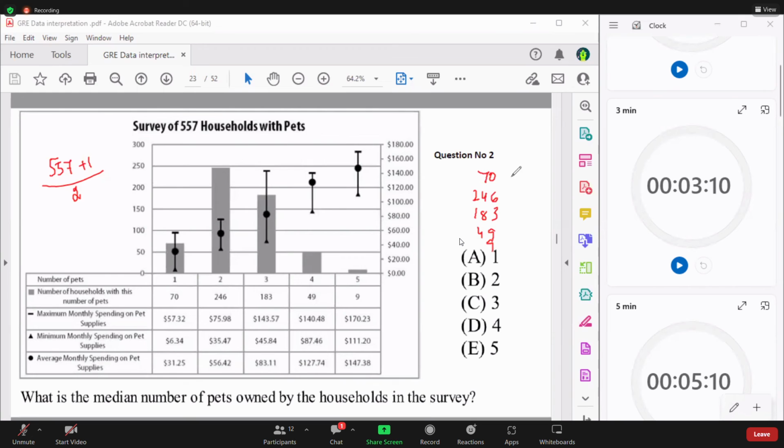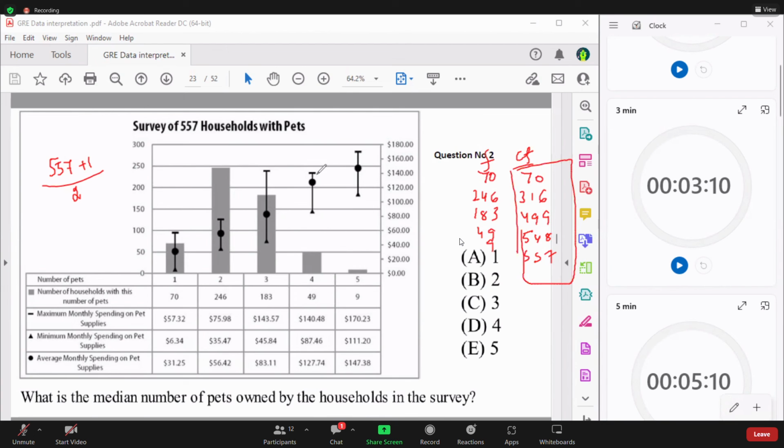This would be 70, this would be 6, this would be 1, this would be 3, this would be 9, this would be 4, this would be 8, 4, 5, this would be 557. This is the frequency, this is the cumulative frequency.